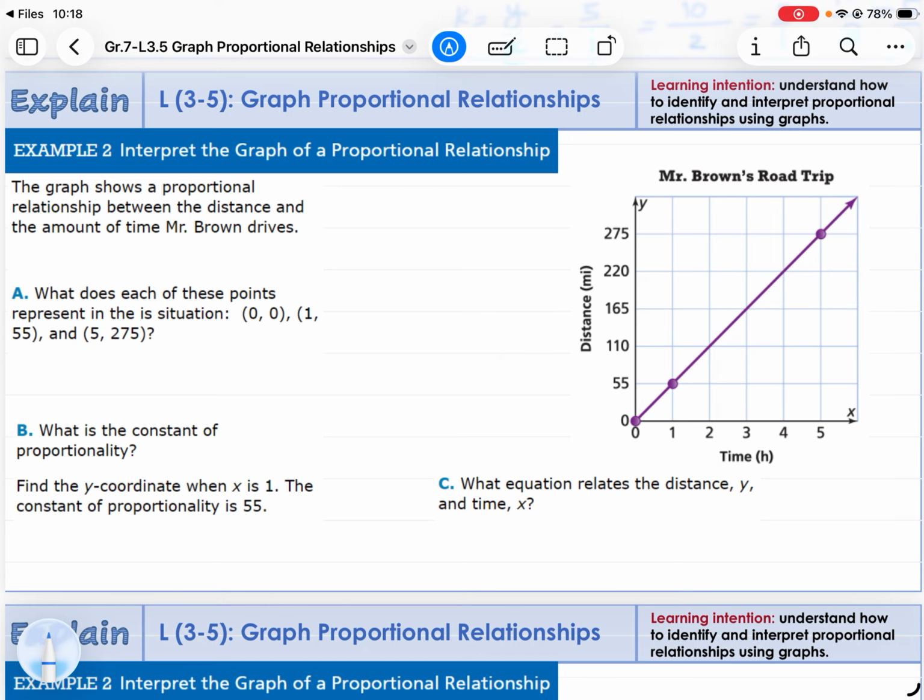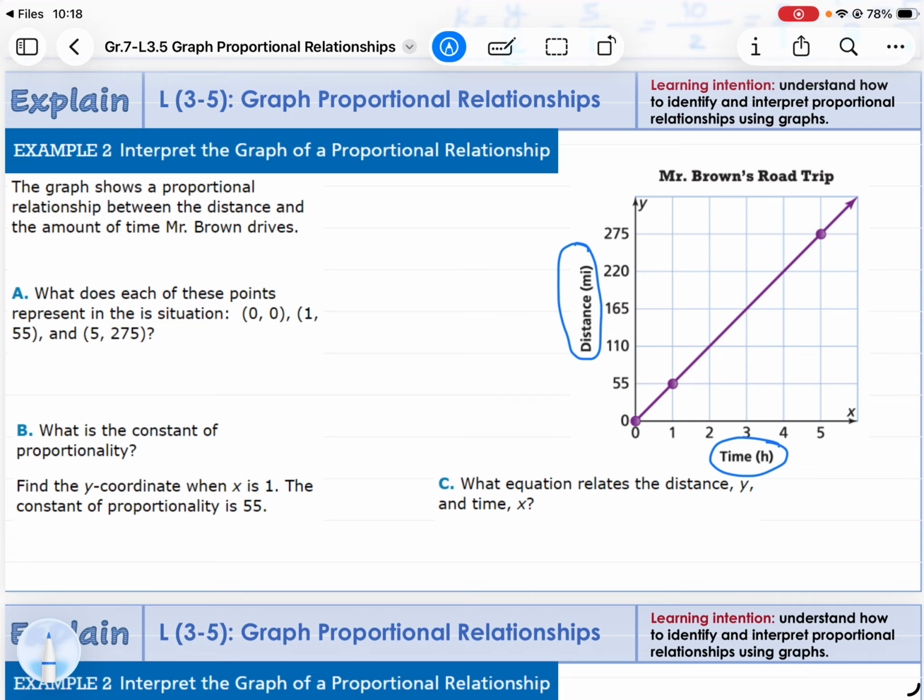Always, we start with the x: look at the x-axis, and look at what the y-axis means. The x here represents time, and the y-axis represents the distance. So 0, 0 means in 0 hours, Mr. Brown drove 0 miles. 0 hours, 0 miles.